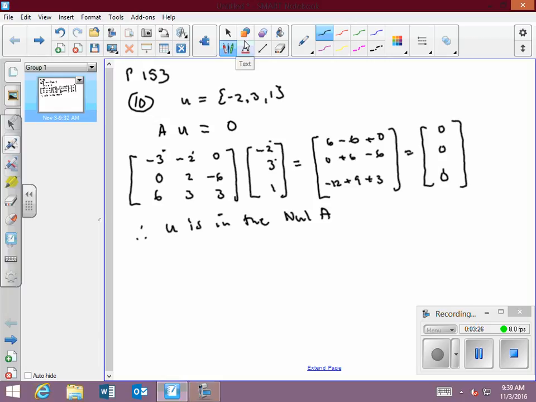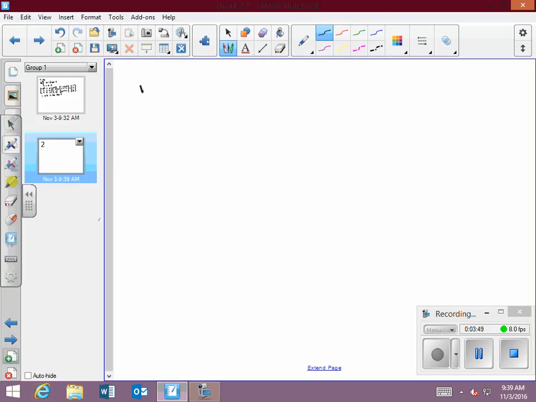Now the next two exercises, 11 and 12, say give the integers P and Q such that the null of A is a subspace of R^P and the column space of A is a subspace of R^Q. So 12. And we're given this matrix.